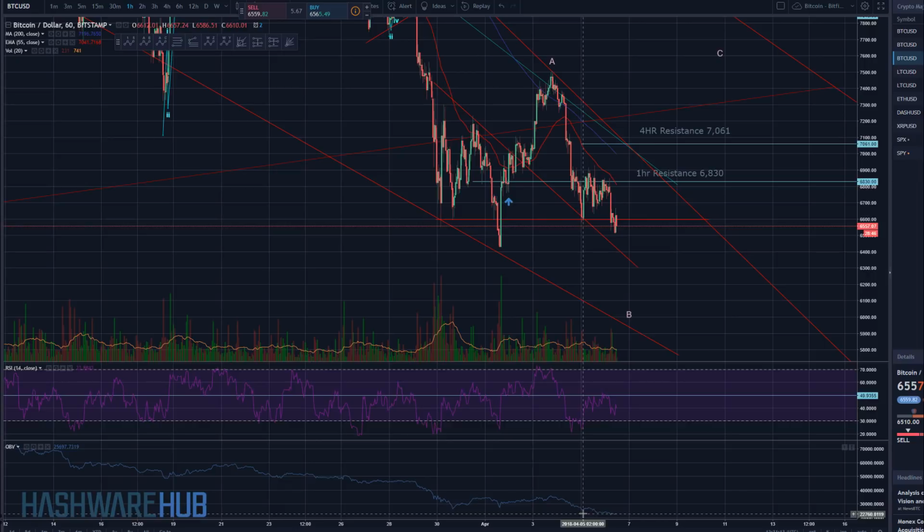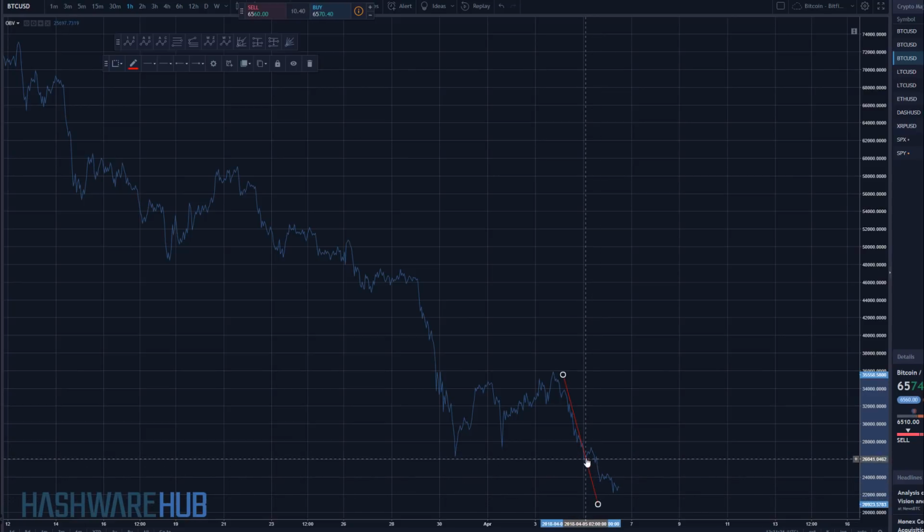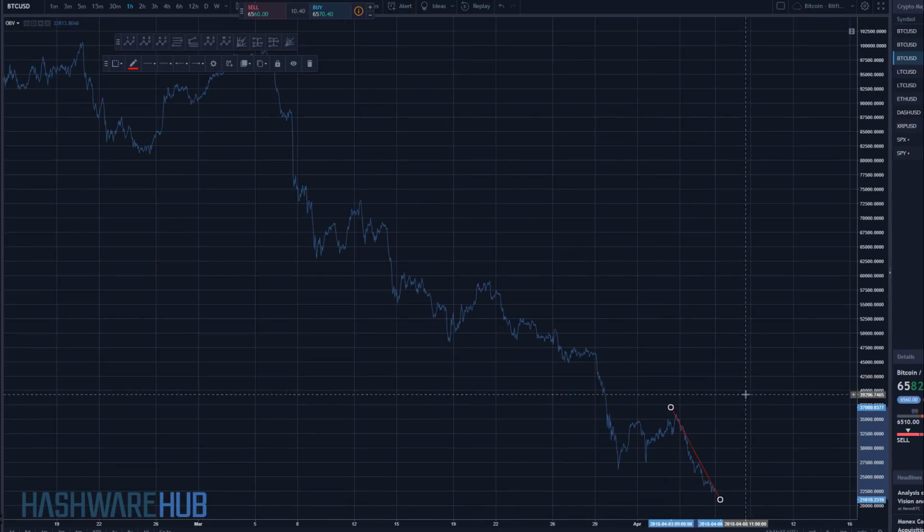At the same time, on-balance volume has just continued. Yesterday we were talking about something like this, and then we had this little blip up, and then we have kind of the same going on. So we could draw something like this now.